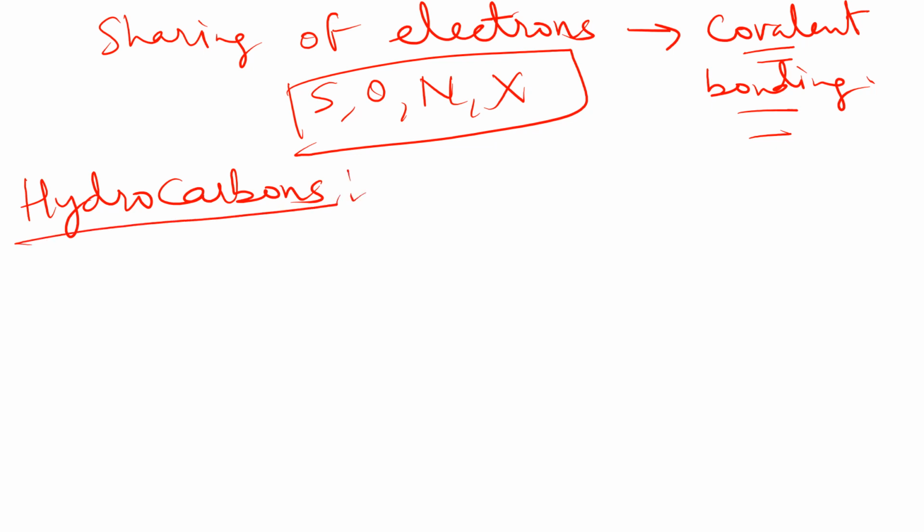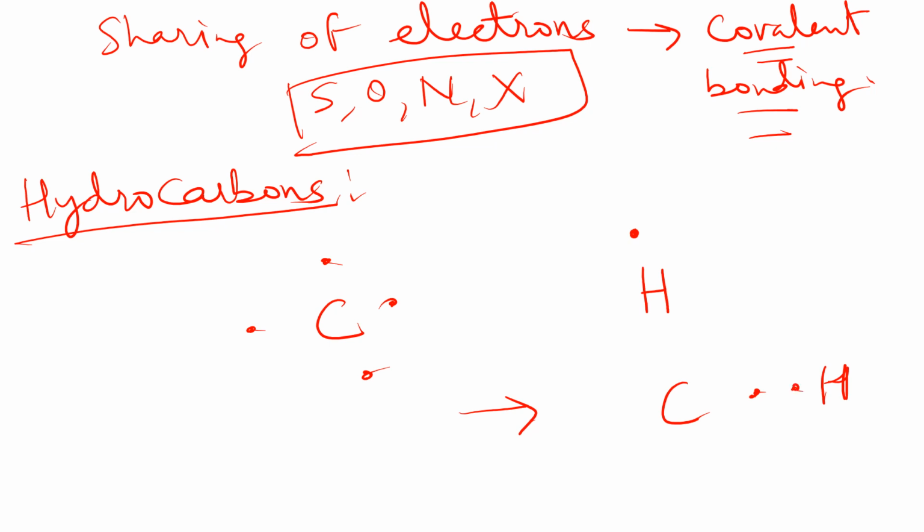Carbon forms bonds with hydrogen by sharing electrons. If I give you this Lewis dot structure, we all know hydrogen has 1 valence electron and carbon has 4 valence electrons. Carbon shares 1 electron with 1 hydrogen.